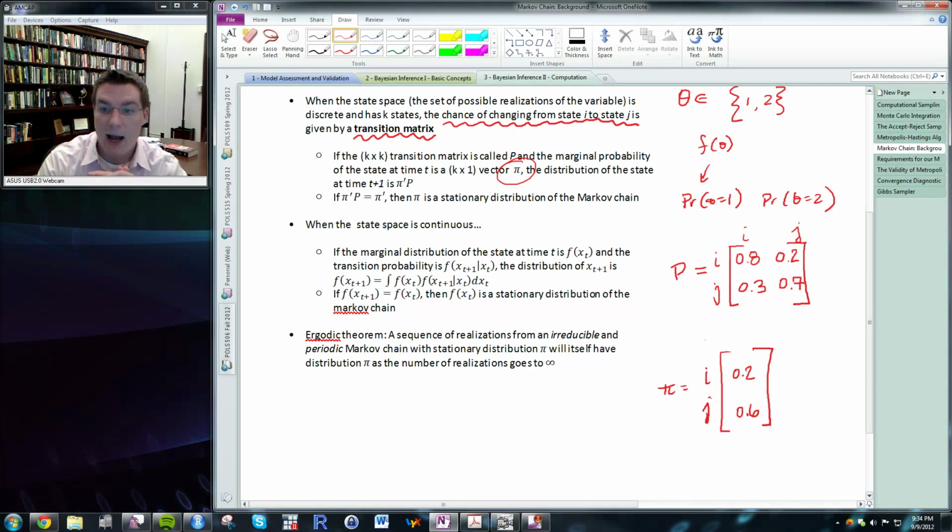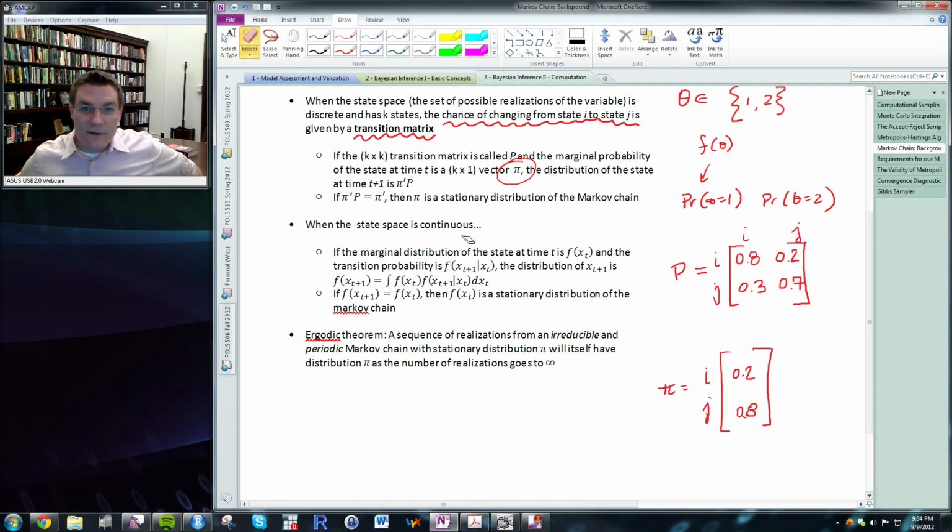Just, I'm 20% likely in observing this chain to be in state i, and 0.6 plus 0.2 doesn't add up to 1. Let's say 0.8. I'm 80% likely to be in state j, and I'm 20% likely to be in state i. The end, period. That's what pi is.